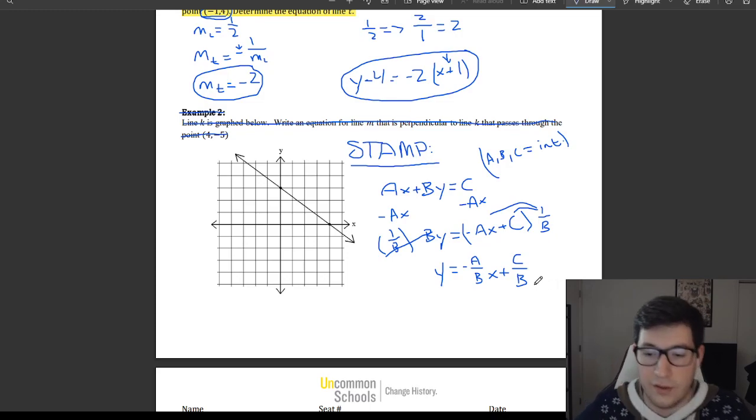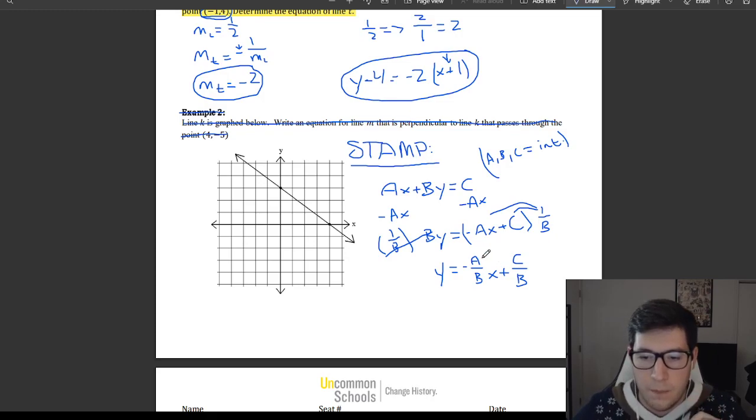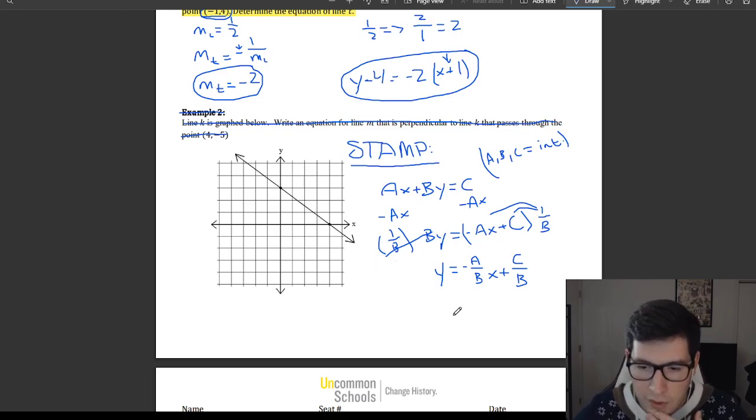Now rewriting this actually tells us two really important pieces of information that are going to be way faster to use than always having to simplify, solve, and change standard to slope-intercept to get meaningful data. What this is really saying is that I know for a fact that this is definitely still in y equals mx plus b form.